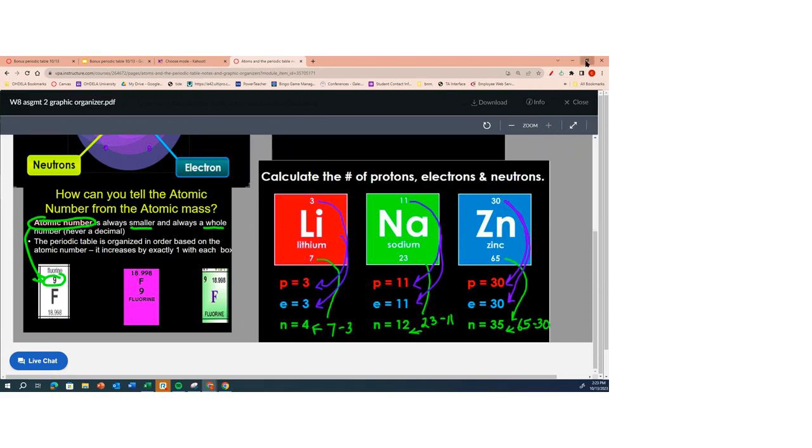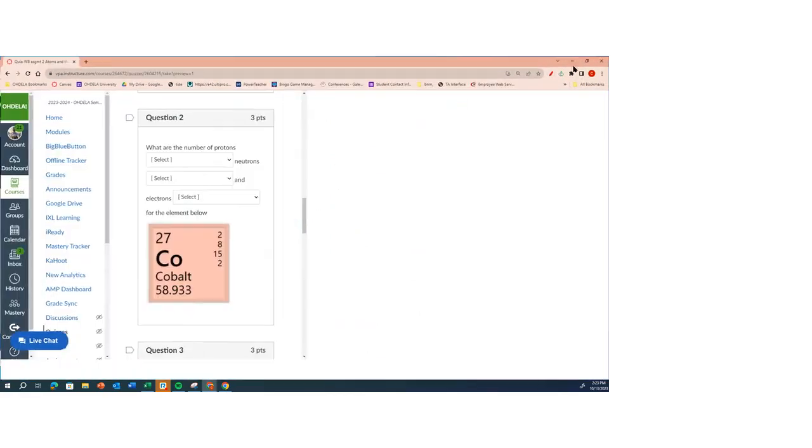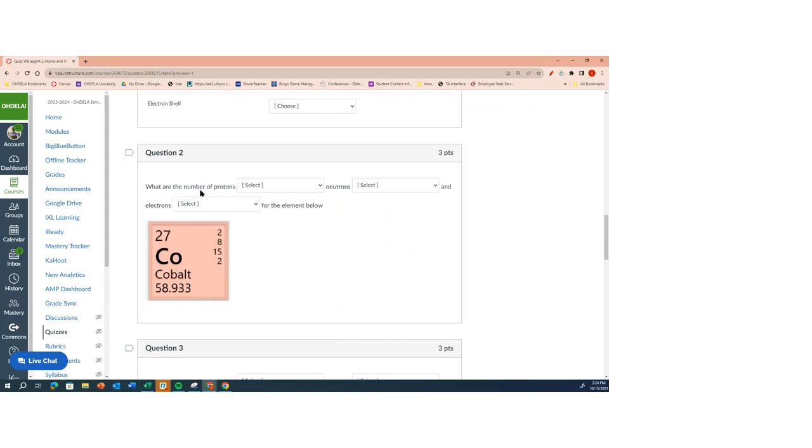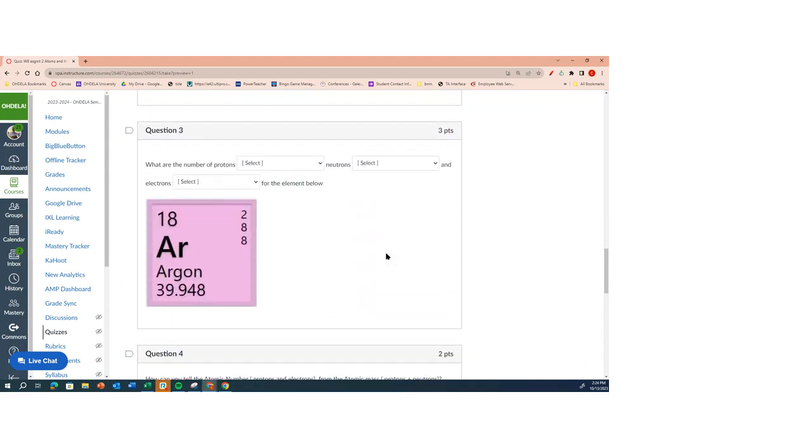Right? So you should be able to figure out, you choose what is the number of protons. You choose the number there, the number of neutrons. Remember, you got to subtract. Choose the number there. And the number of electrons is the same number as the protons. And that's also the same for number 3.